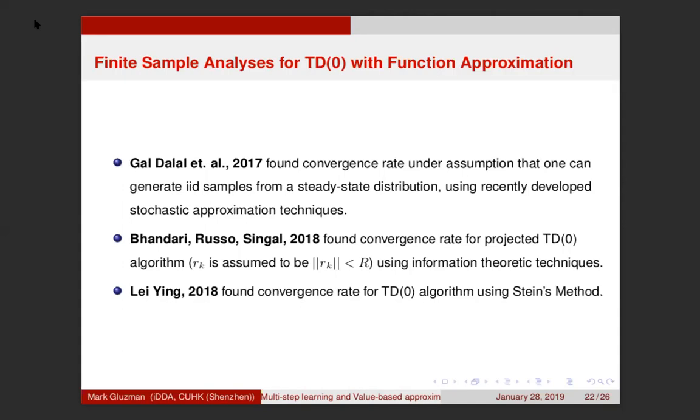They couldn't get rid of this technical assumption that they project the parameters R_k if they are very large, to get some estimations of the convergence. And the final result was for the original TD0 algorithm, without any assumption of projection and without the assumption that we can sample from the steady state distribution.